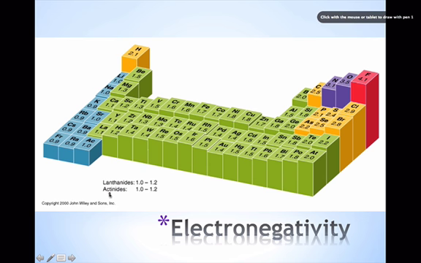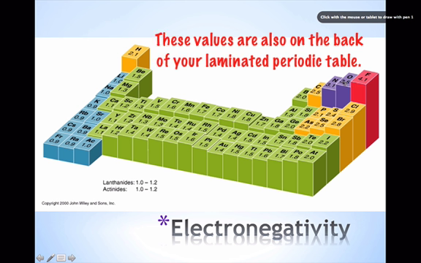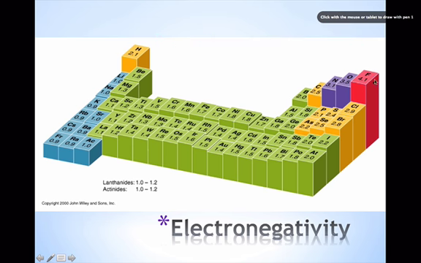Here's a picture again where you can see actual values. These values do not have units. They are relative values compared to each other. So you can see that fluorine here is a 4.1. It has the highest electronegativity on the periodic table. The noble gases are not included because they don't bond, so they are zeros.